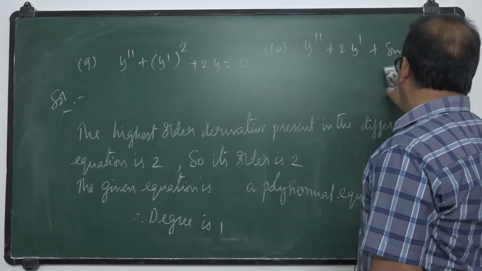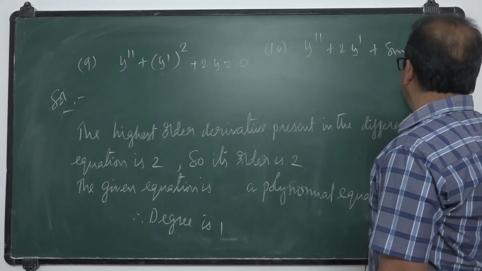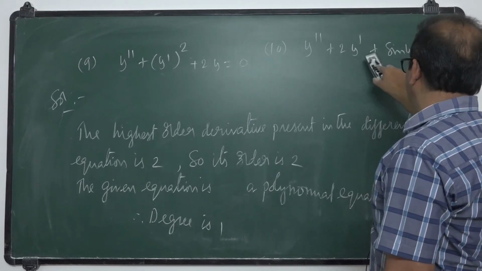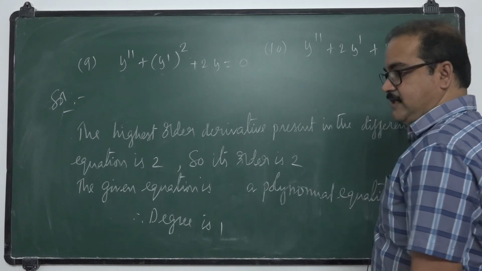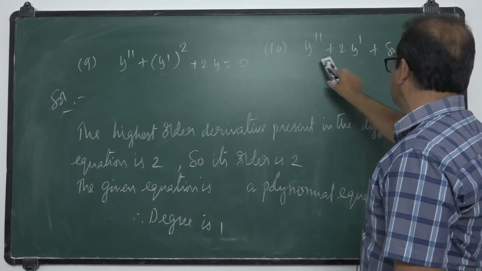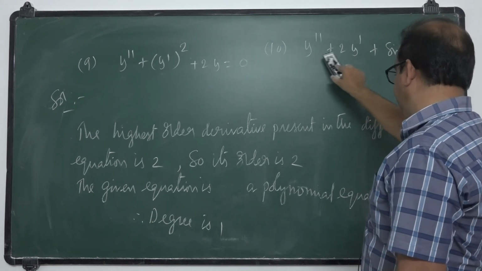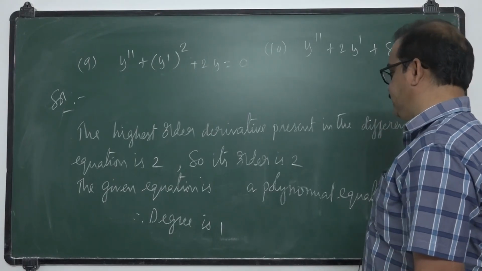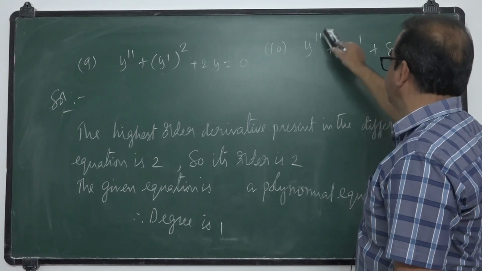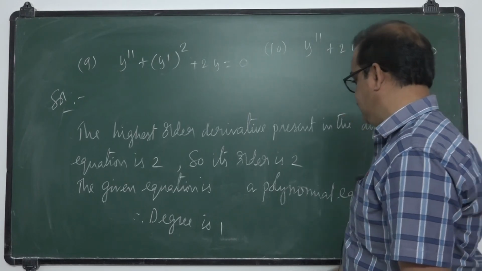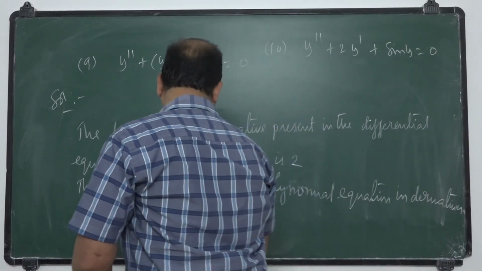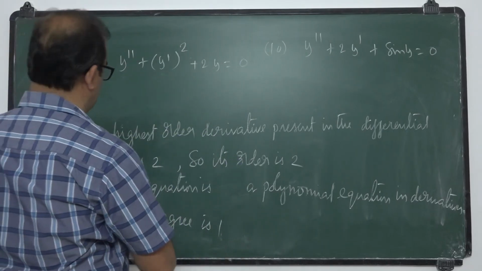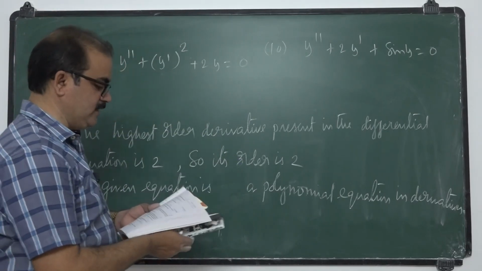Here it is a polynomial equation. Even though there is sin y, the derivatives are not in sin or cos. Derivatives are polynomials. So it is a polynomial equation in derivatives. What is the degree of that highest order? That is 1. Here also the order is 2 and degree is 1.